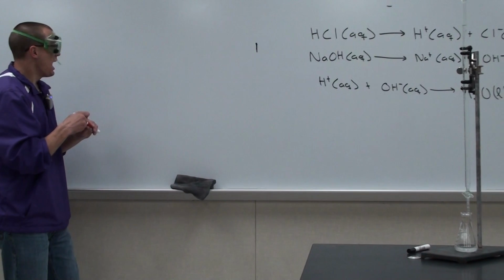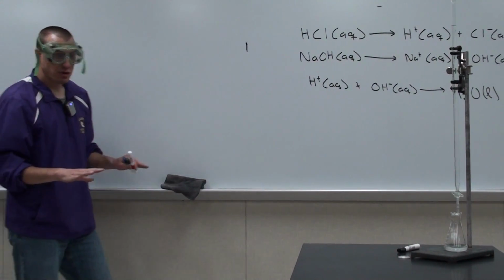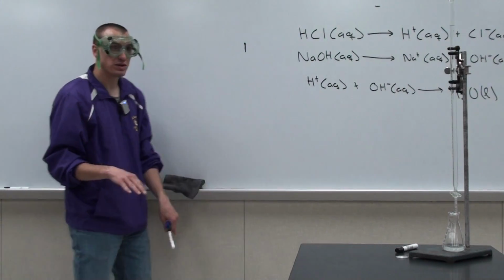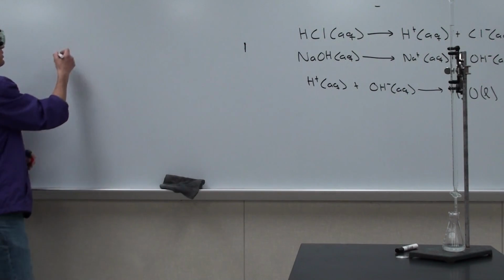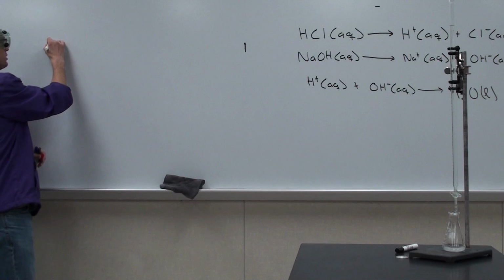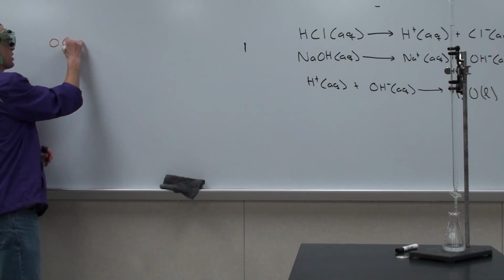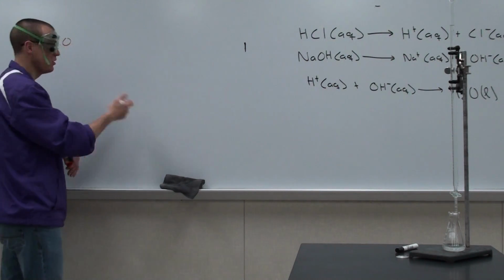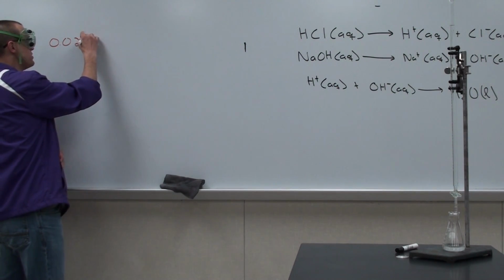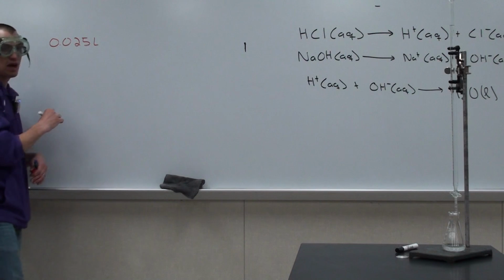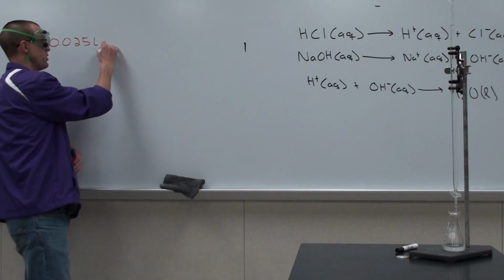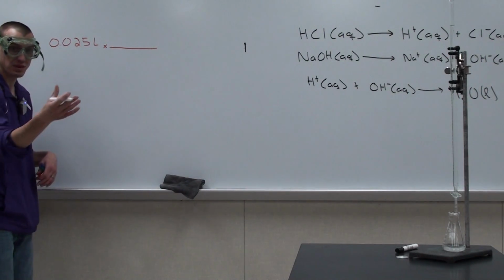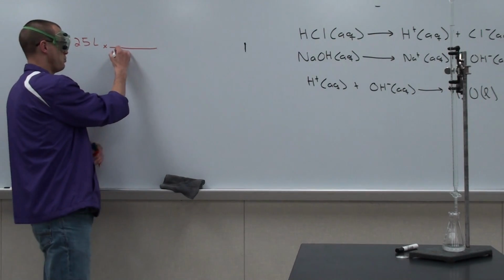The first thing that we're going to do is find out how many moles of H plus we have to work with. We're going to take the number of milliliters that we have and convert it to liters. We had 25 milliliters of HCl, so that means we have 0.025 liters of HCl. We multiply this by the molarity, and the molarity of that HCl is 0.1 molar.